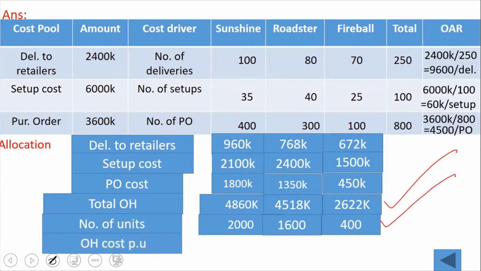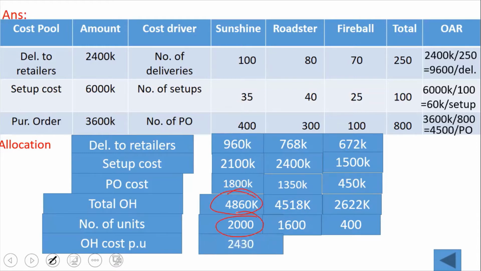So what is the overhead cost per unit? It is total overheads divided by number of units. So for Sunshine, it is 4.86 million divided by 2000 units, giving $2,430 per unit. And for Roadster, it's $4.518 million divided by 1,600 units, giving $2,823.75.